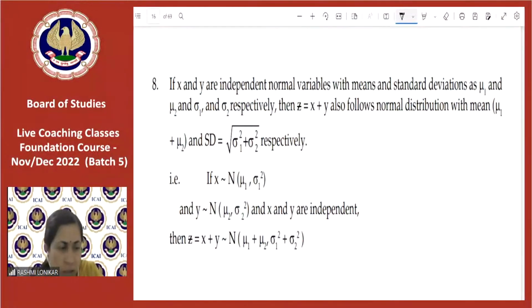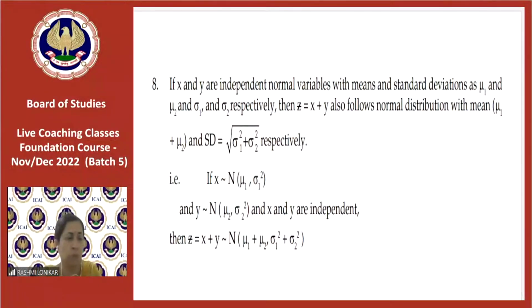And like we had the additive property for binomial distribution, Poisson distribution, then if you have x and y as independent normal variables, so what happens for x?